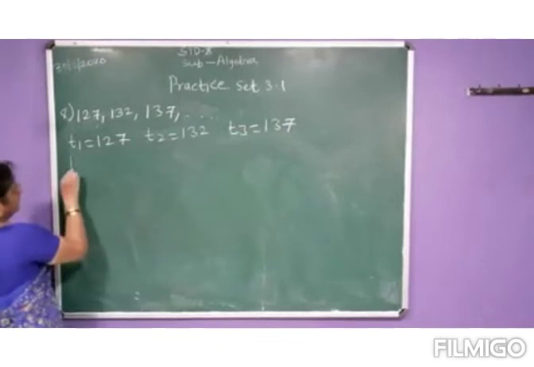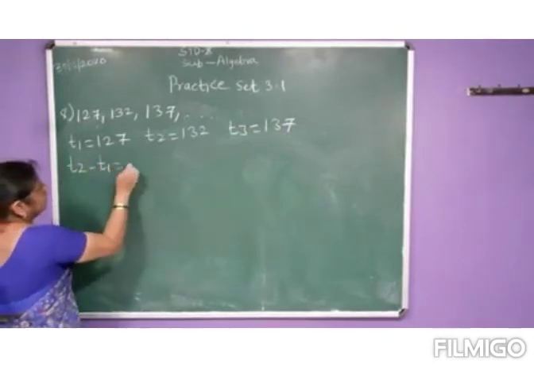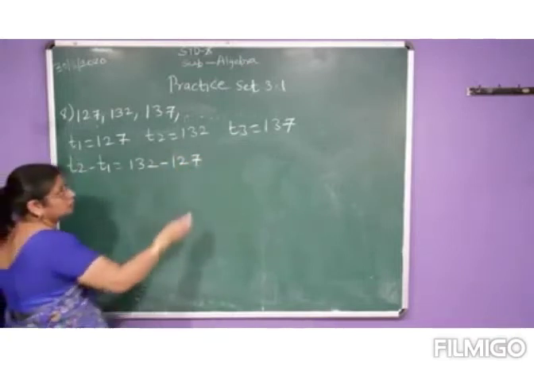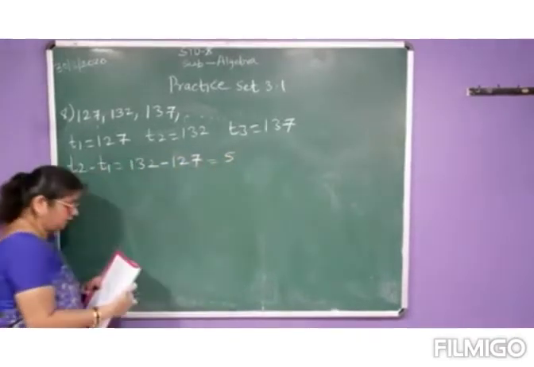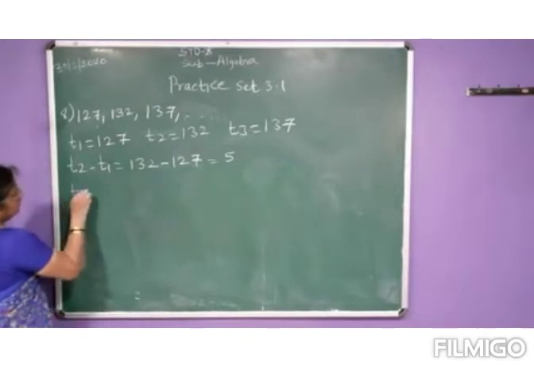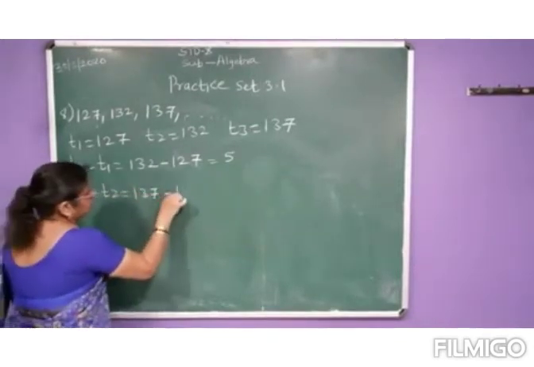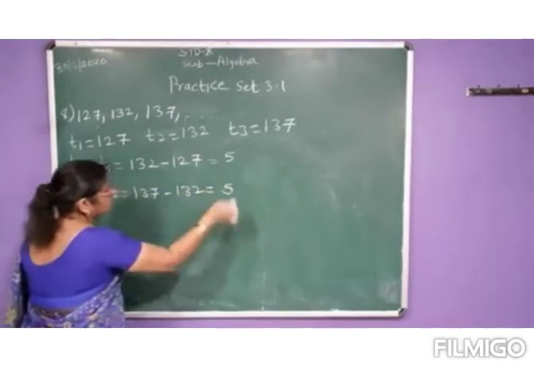Now we will find out again T2 minus T1. 132 minus 127. How much will you get over here? 5. Correct? Now we will see T3 minus T2. 137 minus 132. Again it is 5.